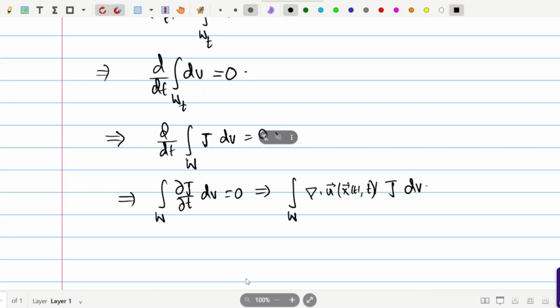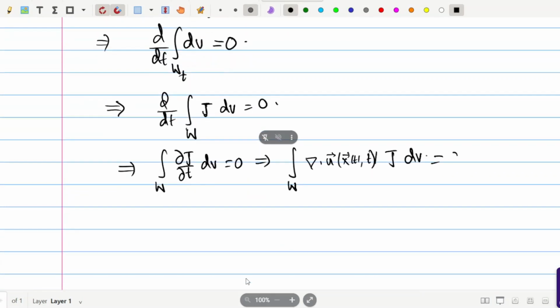So this is also equal to 0. Now you get back to Ω_t. So this implies the integral over Ω_t of del dot U dV equals 0. Do you see the sequence? All of them are 0, isn't it?